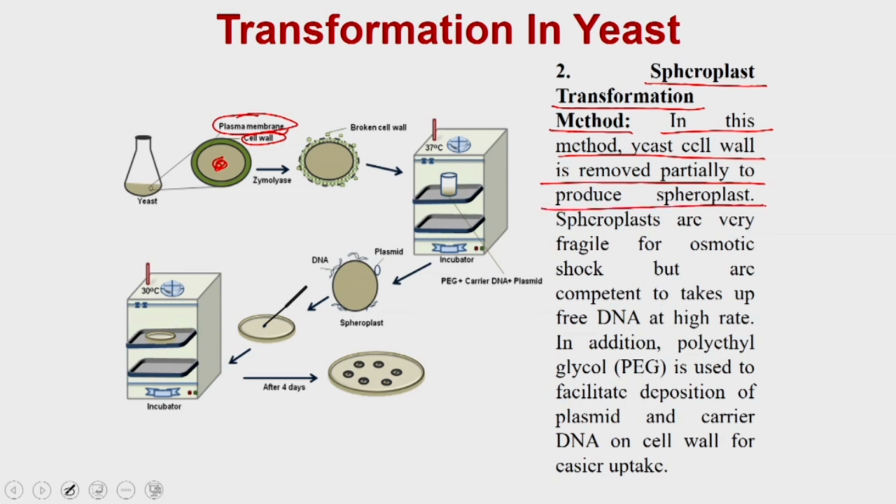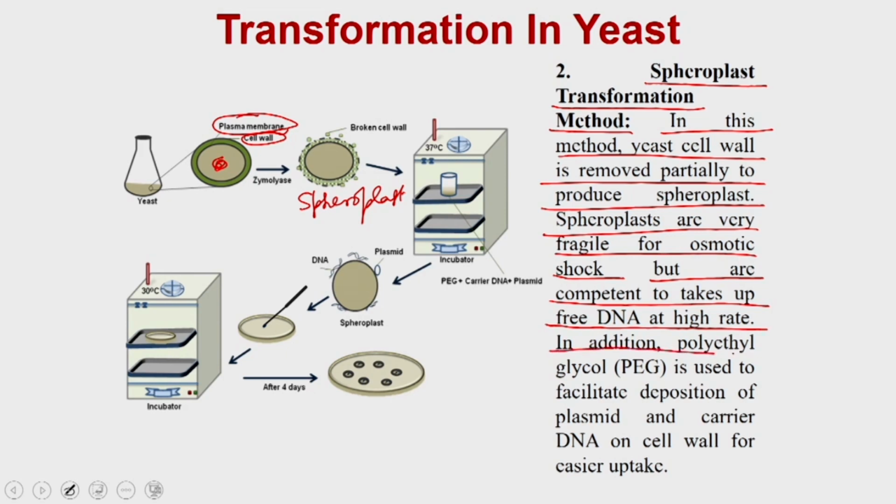When you remove the cell wall by such treatments, the remaining cells are very fragile and sensitive to osmotic shock. But these cells are ready to take up free DNA at a very high rate.